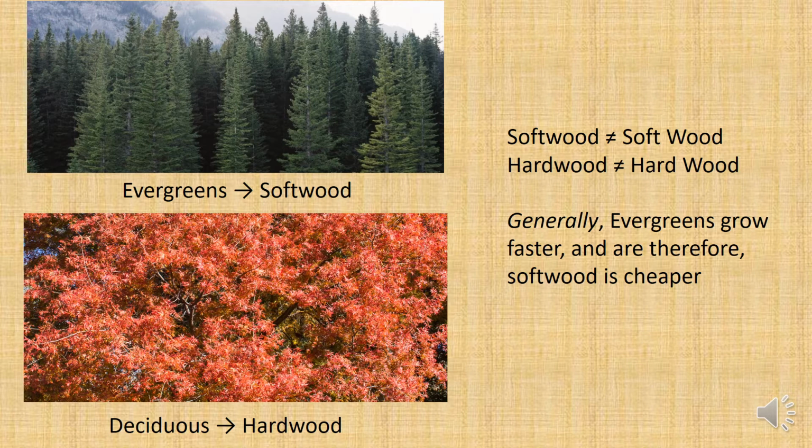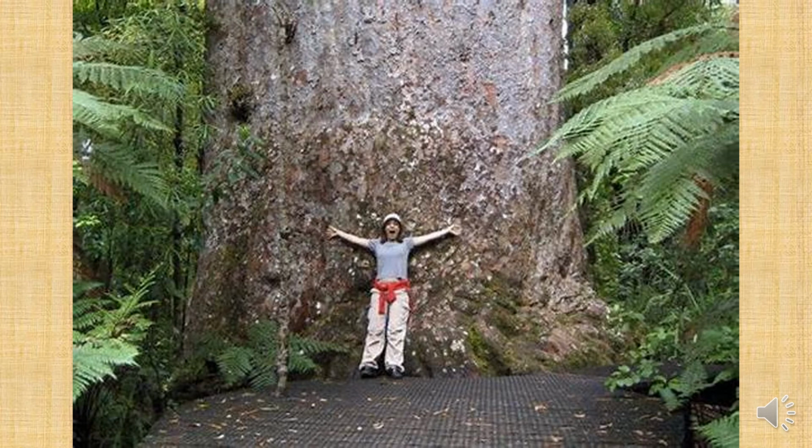Now, something like radiata pine, which is a type of evergreen tree, could take anywhere between 15 to 25 years to grow to a point of harvest, whereas a deciduous oak tree might take 50 years to grow.